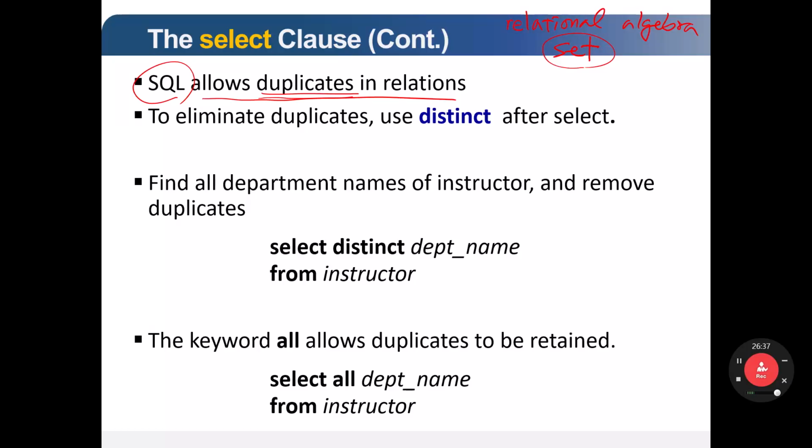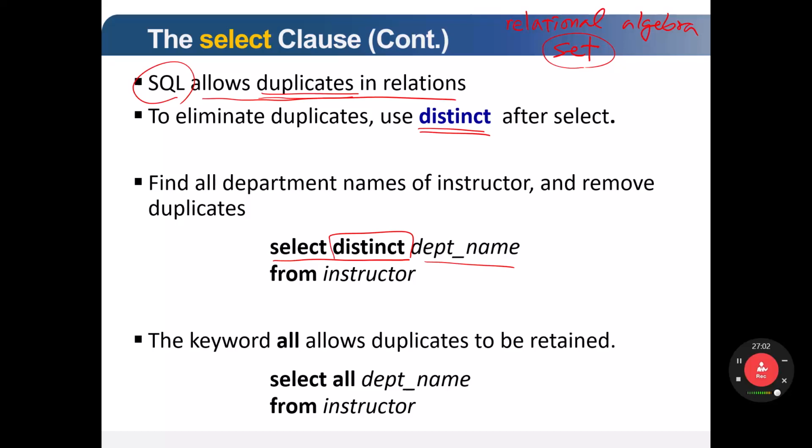If you want to eliminate duplicates, then you need to use distinct option after the select clause. So if you put distinct here, any name will appear at most once in the output table.